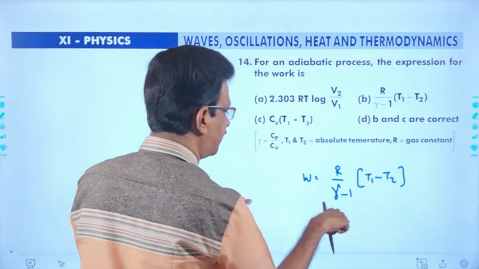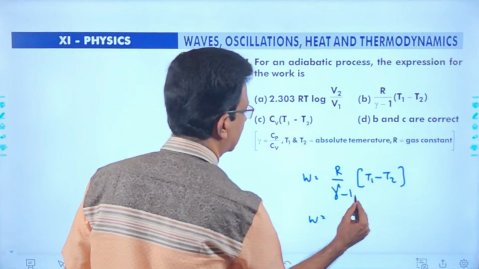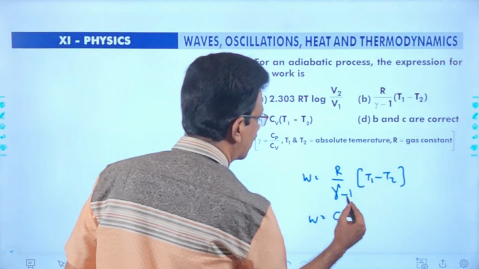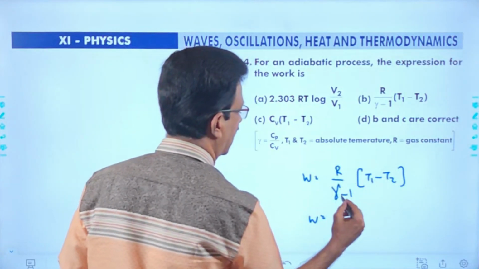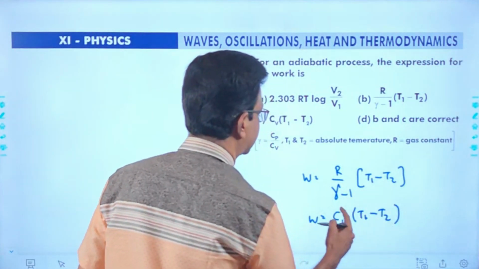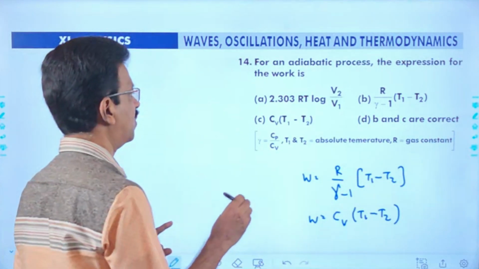But gamma is Cp by Cv. Therefore, W equal to R by Cp by Cv minus 1, then Cv comes at the top. Cv into, at the denominator, Cp minus Cv, and Cp minus Cv is equal to R. Therefore, Cv into T1 minus T2. These two are the expressions for the work done in an adiabatic process.